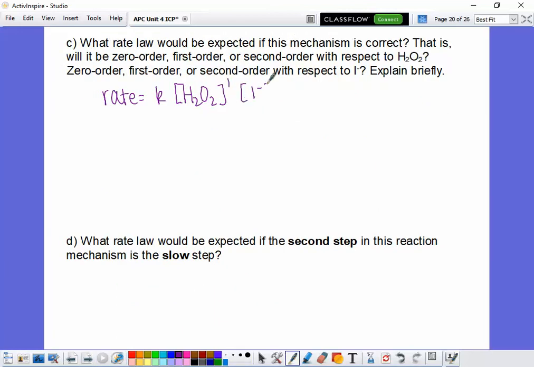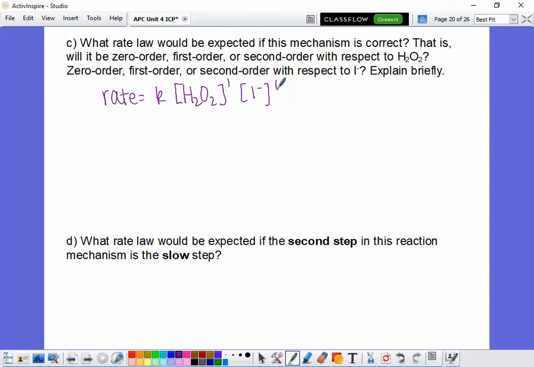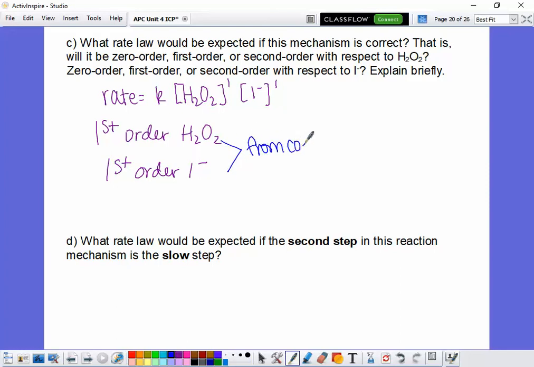And then I minus, what coefficient does I minus have in the first step? 1. Okay, so it's first order H2O2, first order I minus. And the reason why is because those are the coefficients from the slow step.